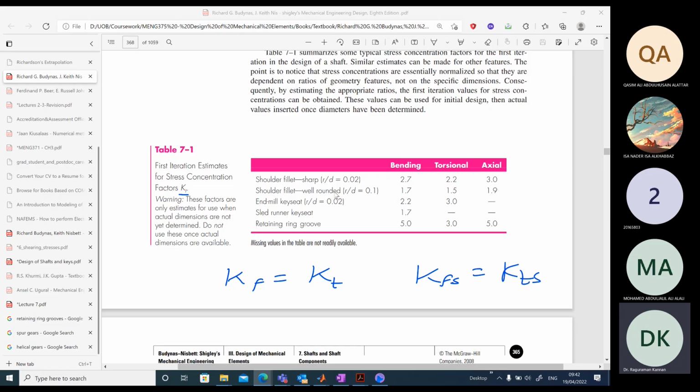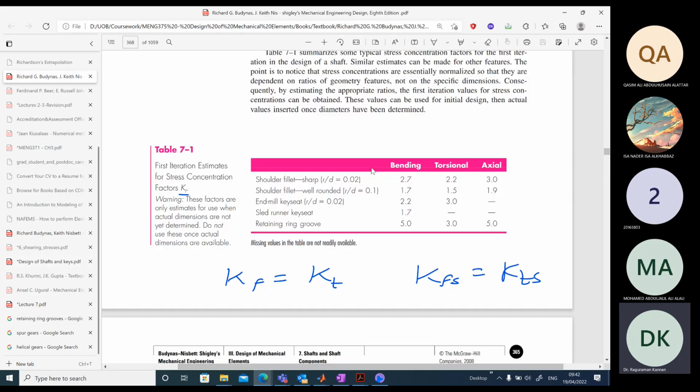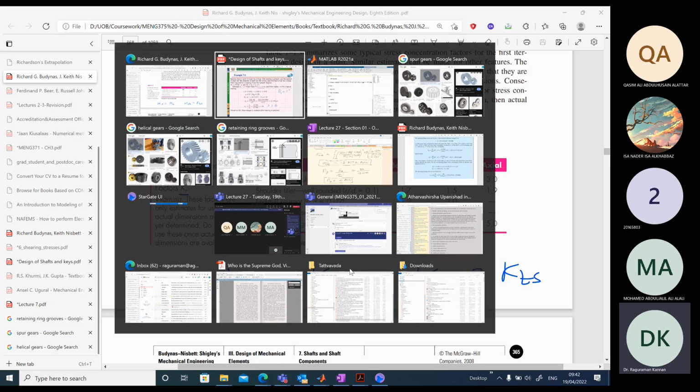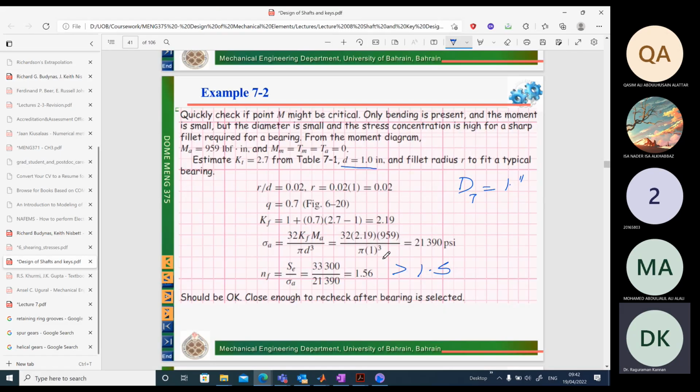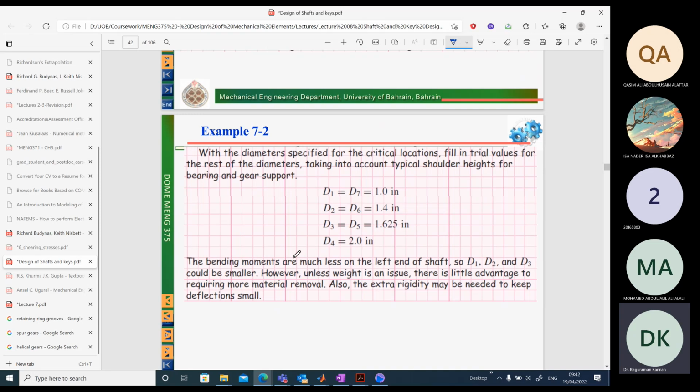If we go back to the slide again, KT equal to 2.7. So for a shoulder fillet here, he has assumed 2.7 from here. And we can evaluate D6 based upon the ratio capital D over small d on a typical ratio value of 1.2.